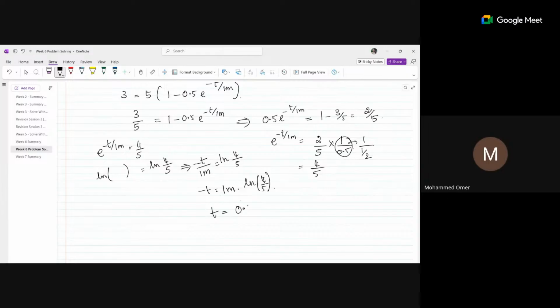Ma'am, I think it should be minus 1 plus 3 by 5. Okay, fine, no problem. Because ln is negative, the negative will get cancelled. So t is equal to 0.223 millisecond.